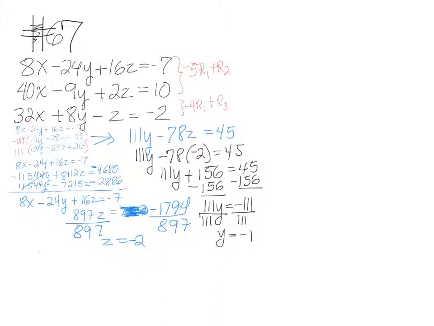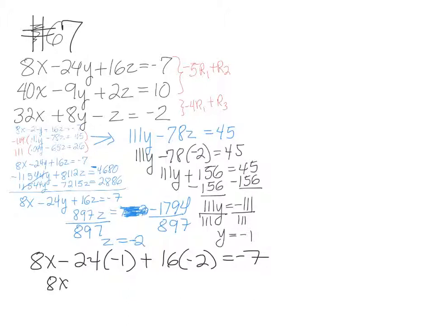So I'm going to use one of the originals. I'm going to use 8x minus 24y, which is negative 1, plus 16z, which is negative 2, equals negative 7. So it's 8x, negative times negative is plus 24, negative times positive is minus 32, equals negative 7.